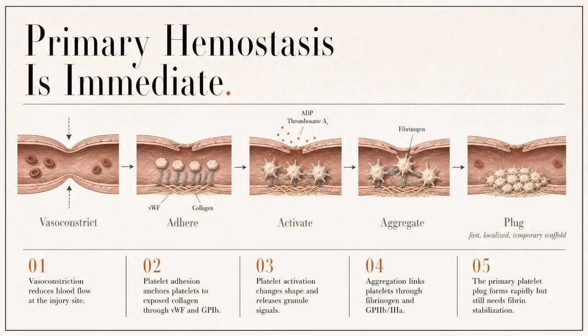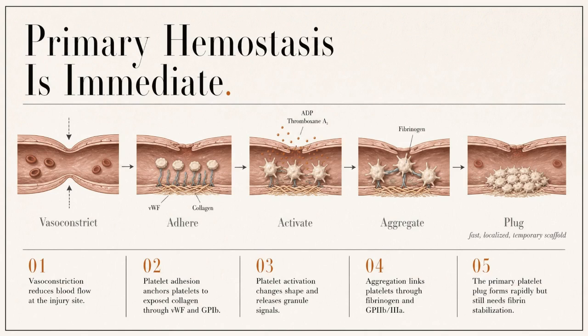Primary hemostasis is the body's immediate, rapid response to vascular injury. It's like an emergency patching crew rushing to a leak. This process is crucial for quickly stopping blood loss, especially in smaller vessels. Vasoconstriction reduces blood flow, giving platelets a chance to act. Platelets then adhere to the damaged vessel wall, activate, and aggregate to form a temporary plug.